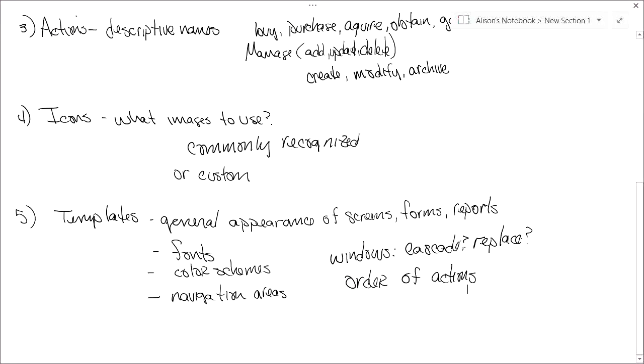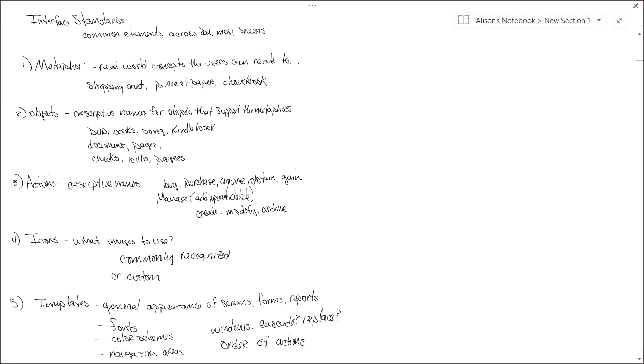So that's where the idea of order of action comes in. So these are the 5 components of the interface design standards. Having a conversation or thinking about each one of these individual elements as you are intentionally designing the user interface. It is not an afterthought. We need to be intentional about designing the interface.